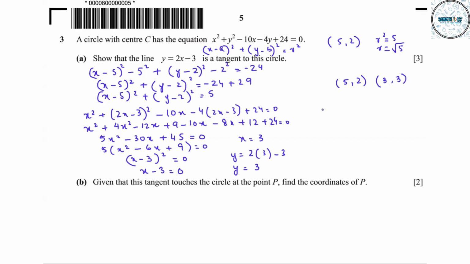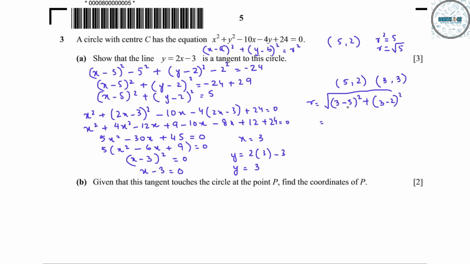So if we will find out radius, the radius is the distance between the intersection point and the center of the circle. So we will take out radius, which is 3 minus 5 whole square, 3 minus 2 whole square.